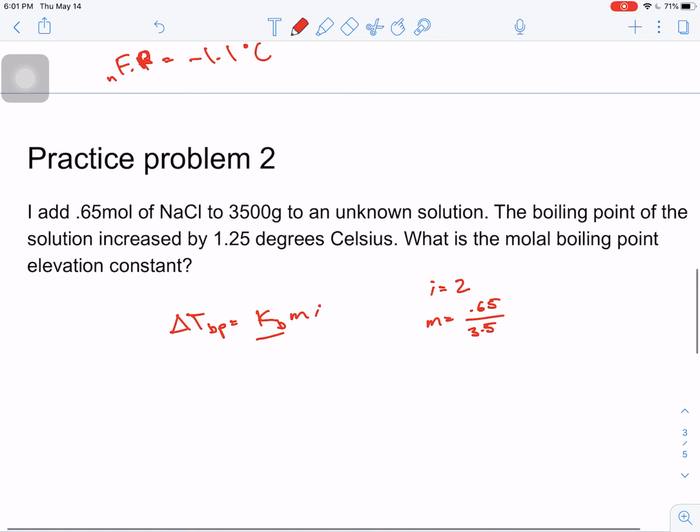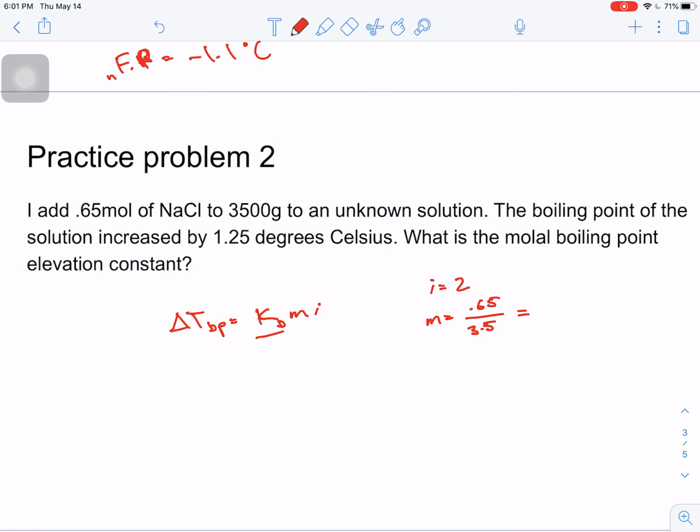That is going to get me a molality of 0.186. My change in temperature of the boiling point is already told to me. It's 1.25 degrees Celsius. So now I can set up the equation having all the variables.